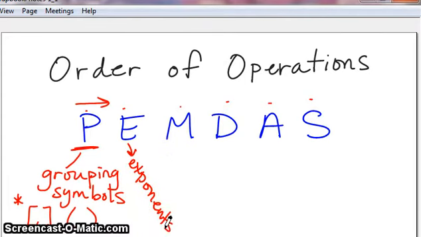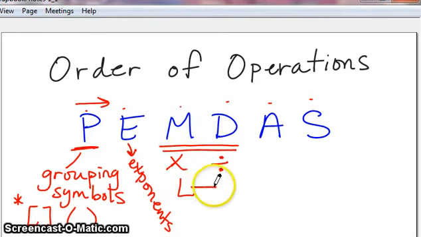If I have an exponent in the problem, after I have looked to see if I have any grouping symbols, I go to look to see if I have exponents. If I have exponents, I'm going to evaluate those. The next thing I do is I look to see if I have multiplication or division. If I have multiplication and division, I work those out left to right.